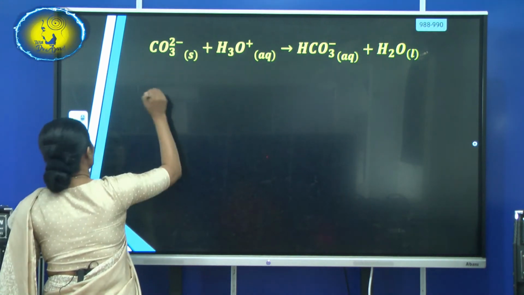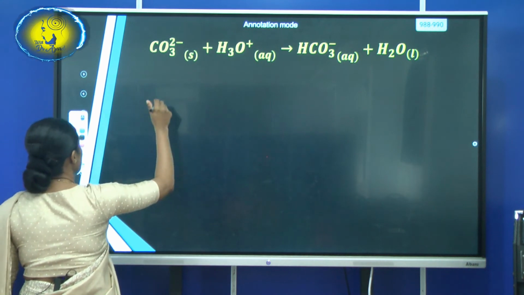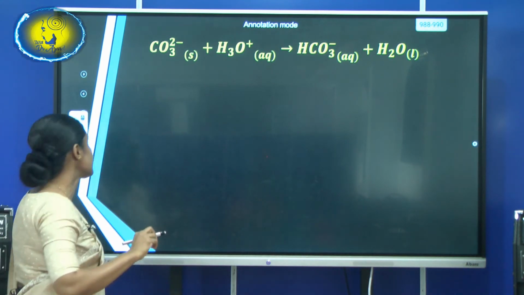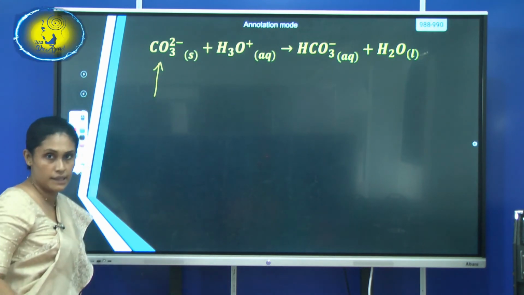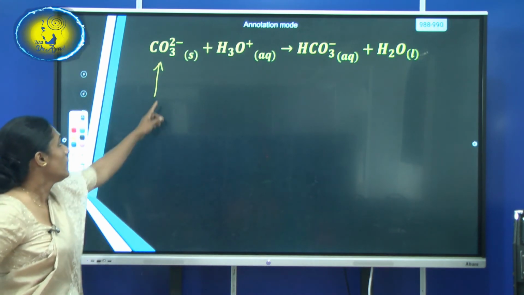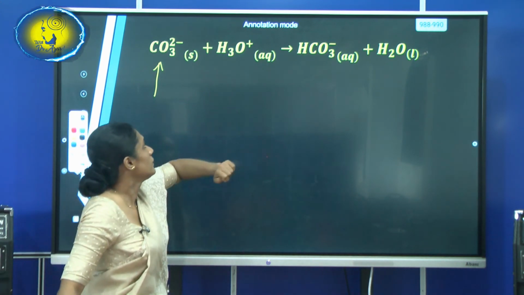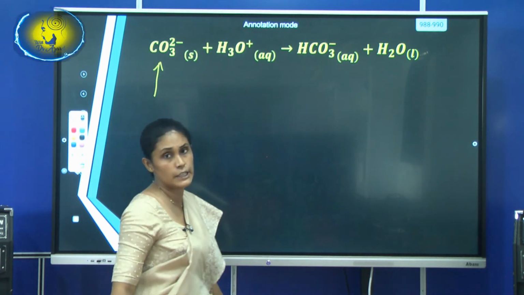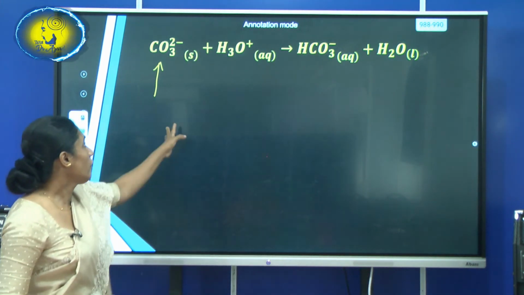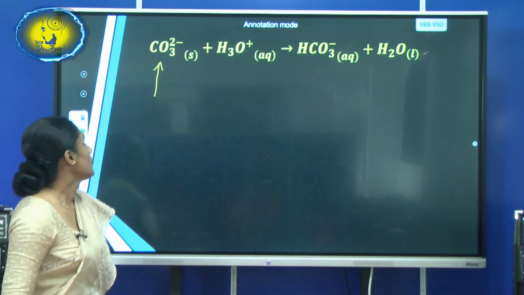I know you can recall your memory about ions, cations and anions. What do you call this ion? Carbonate ion. This is hydronium aqueous. So bicarbonate, and you will get liquid water. We want to find from this side which is the acid and which is the base.